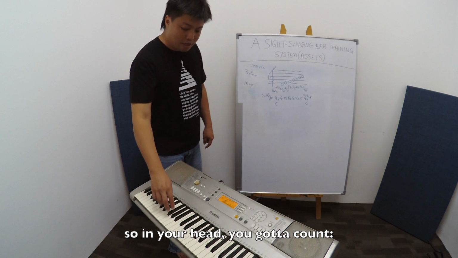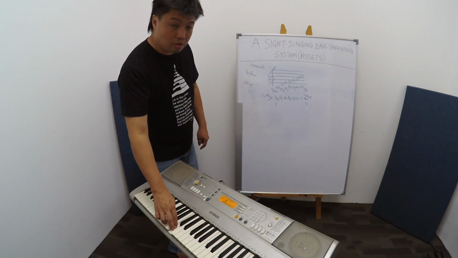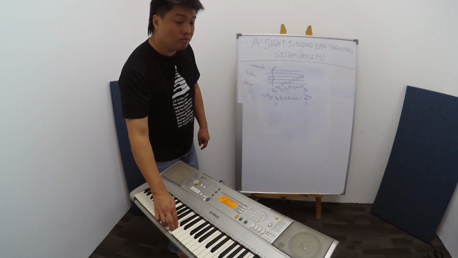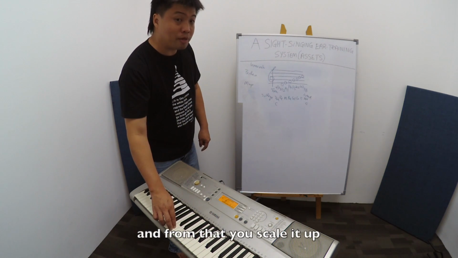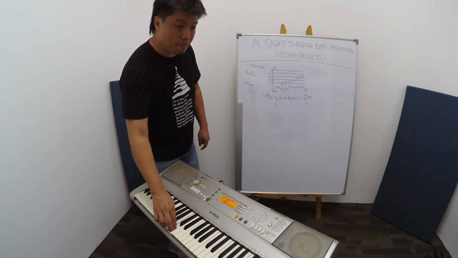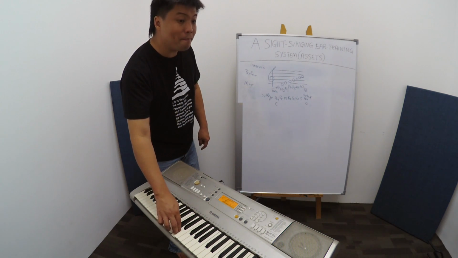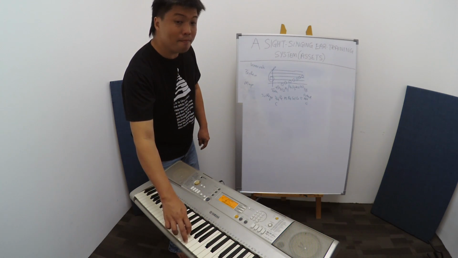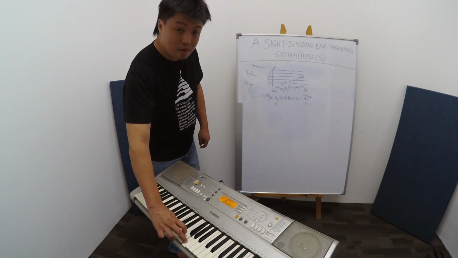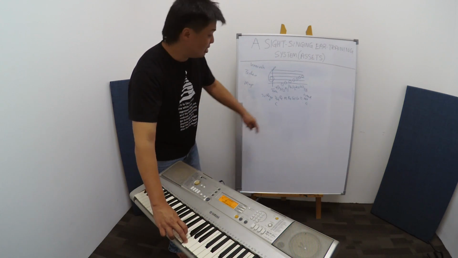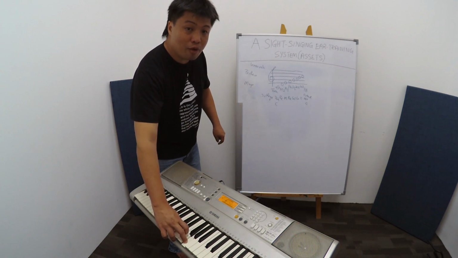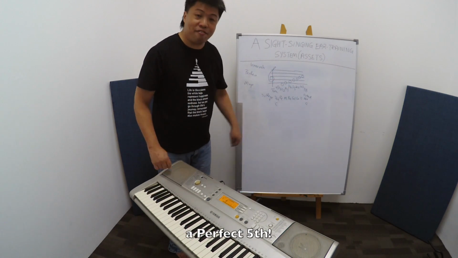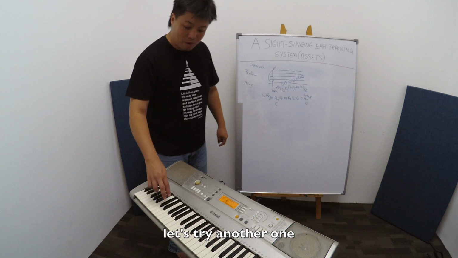So in your head you gotta count do, and from there you scale it up. So we know that is a sol. Do, re, mi, fa, sol. A perfect fifth. Let's try another one.